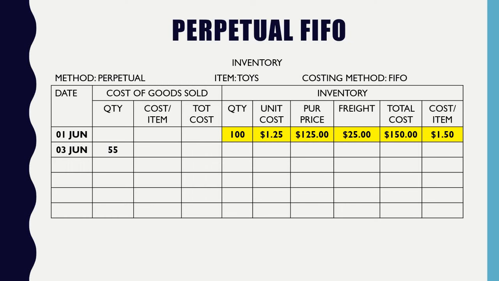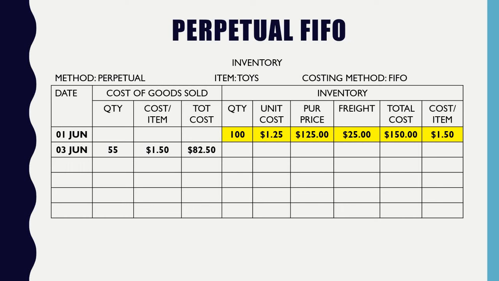So the cost per item that I'm going to use is my $1.50. I'm going to place my $1.50 right into that middle section, and I'm going to go ahead and calculate it. 55 times $1.50, so there's where your cost of goods sold section is, right? It's your quantity times your cost per item. And you're going to get a total of $82.50.